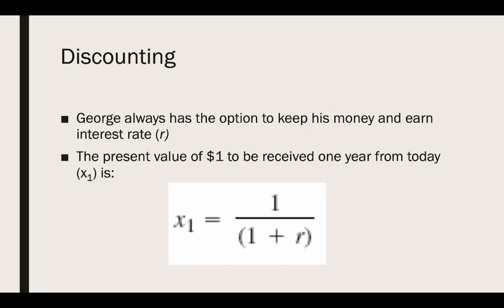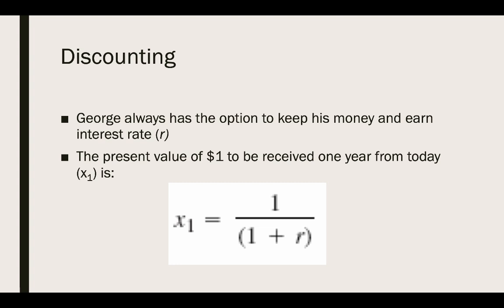So we said that George can always hold on to his money. George can spend it, or George can hold on to it. If George spends it, he spends it on that program. If he holds on to it, he has the option of earning an interest rate on it. So we all have checking accounts, savings accounts, maybe 401ks, whatever your investments are.